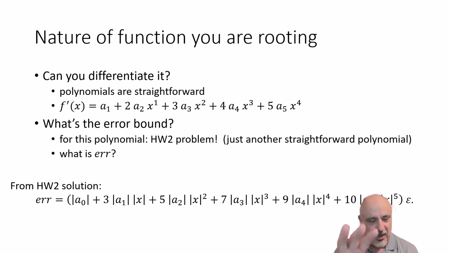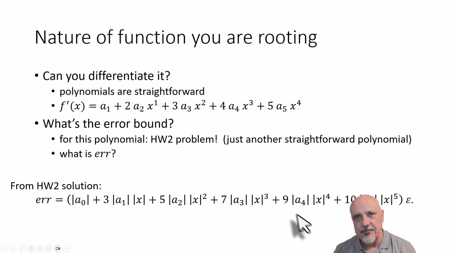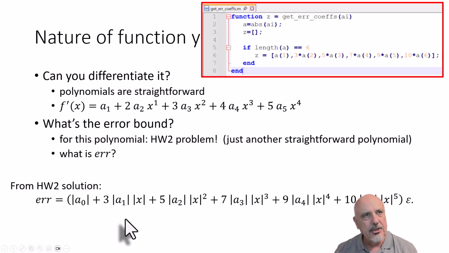So 10 total operations, and that A5 sees all 10 operations. So that's why that's a 10. And this is a 9 because the only thing that A4 doesn't see is that very first A5 times x. And all of this gets multiplied by machine epsilon. So that's my bound, and that's what I'm going to check it relative to.